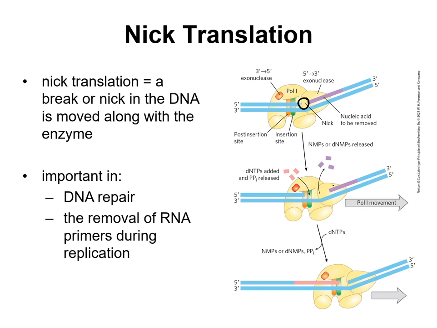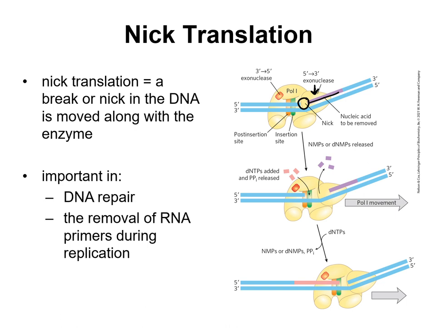What happens here is this exonuclease activity in this domain. It's going to chew up the nucleic acid in the area right after the nick, so the purple is essentially going to be destroyed.